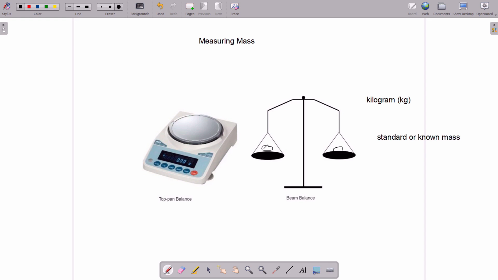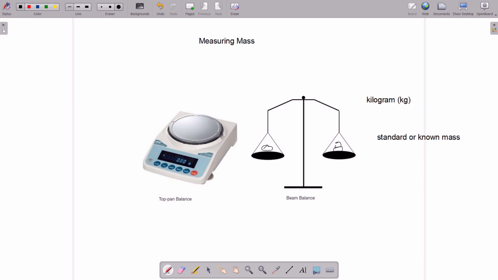Once they are put on the right, if the standard known mass is lesser than the mass of the object we are measuring, the beam balance is going to tilt to the left. We then have to add other masses to this until the two level up.